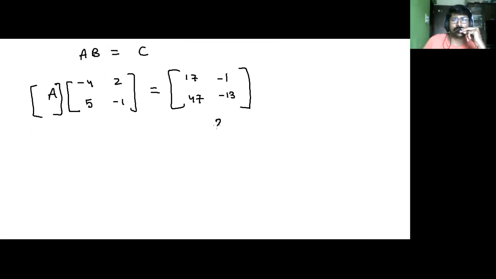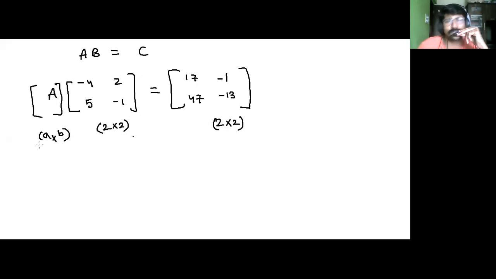Now understand, the resultant matrix has order 2 by 2. And over here matrix B is again 2 by 2. And what is this matrix A? We don't know the order of this matrix A. So we will let the order of the matrix be A cross B, isn't it?